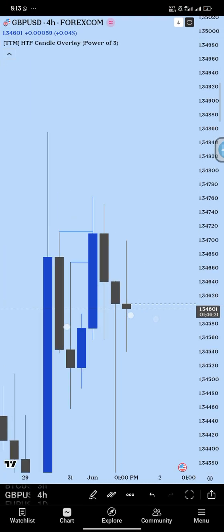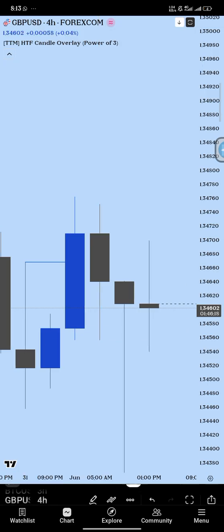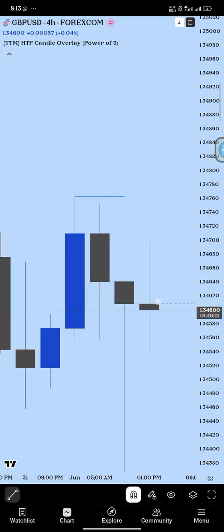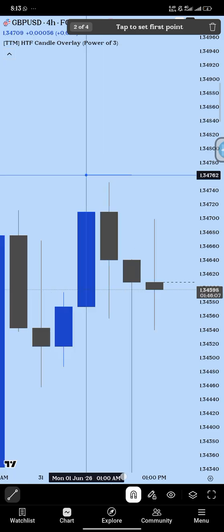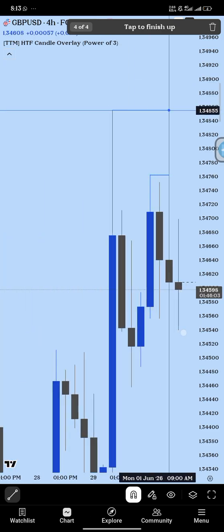I think I was trying to trade this candle, expecting it to be bullish. Then this draw on liquidity here, then draw on liquidity here.